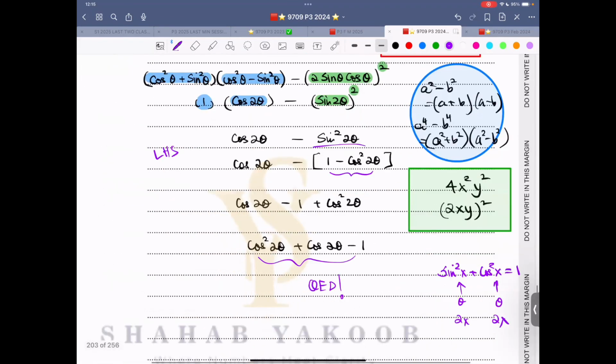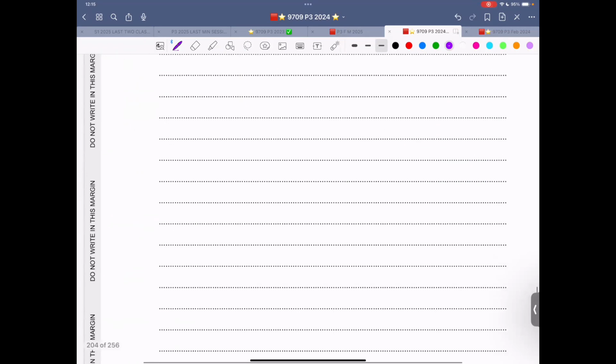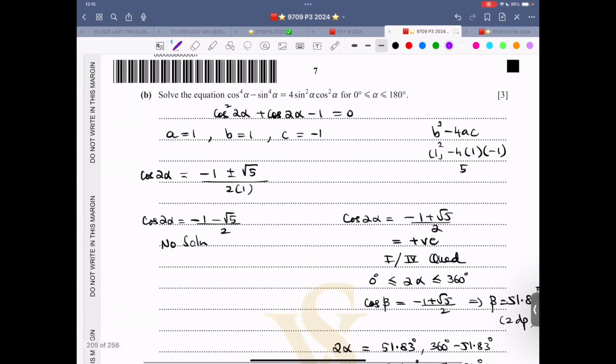All good. The next one, solve this equation. So now it's the same equation as above, except for the fact that theta is replaced with alpha. So now we have this thing, cos square 2 alpha, cos 2 alpha minus 1 equals 0. This is a quadratic in terms of cos.